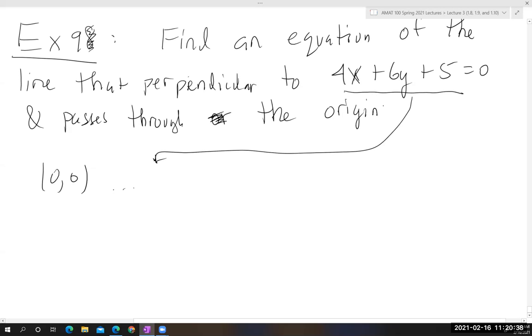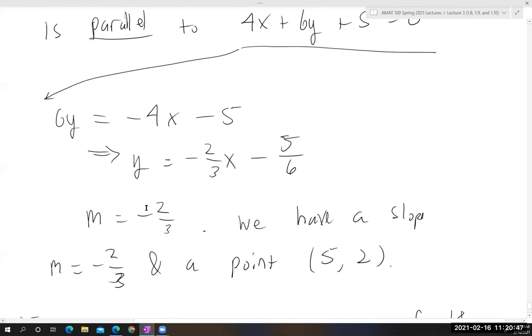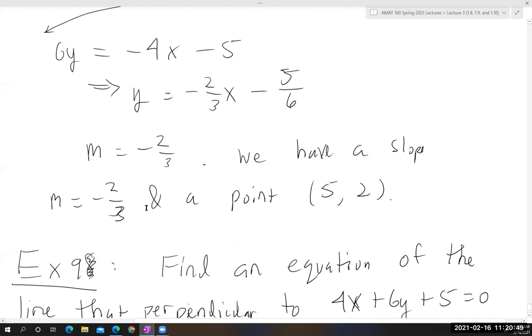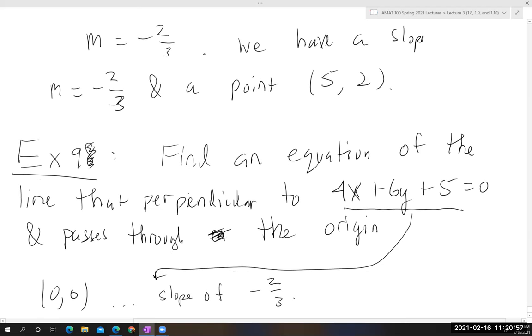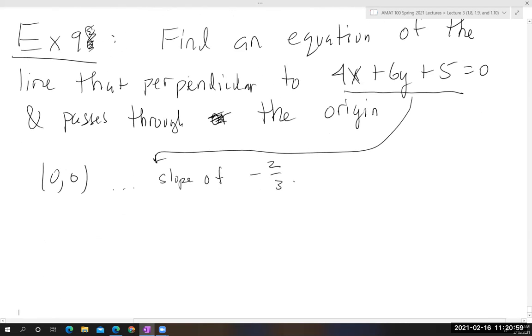To do that, we first find the slope of the line that we're told this one is perpendicular to. Actually, hold on, this is just the one we did up here. We know that this line has a slope of negative 2/3, and this will be M1.